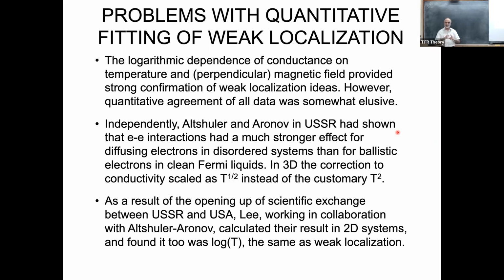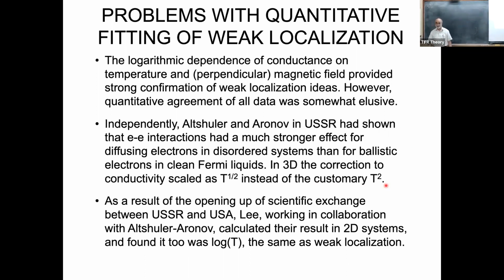You have to create electron hole pairs, and then the phase space for matching energy and momentum immediately tells you that the lower the temperature, the less the correction is going to be. And so the correction goes as T squared.